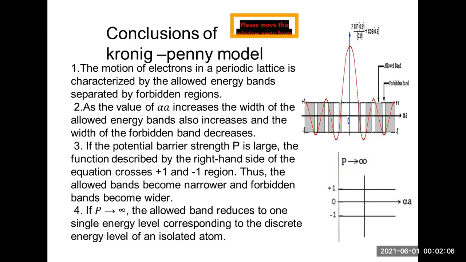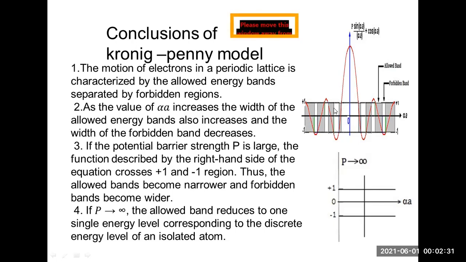You can see the first schematic diagram. The movement of electrons in the periodic lattice is characterized by allowed energy bands, which are separated by forbidden regions. See, the empty space is the forbidden region, where you don't find any energy of the electron.